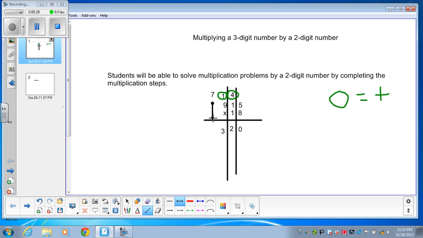When I bring it down, I place the 7 here, and you see I have 7,320. Some of you would think I'm done, but I'm not done, because we're multiplying by a 2-digit number.